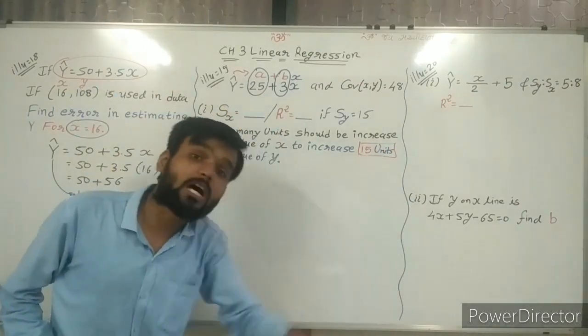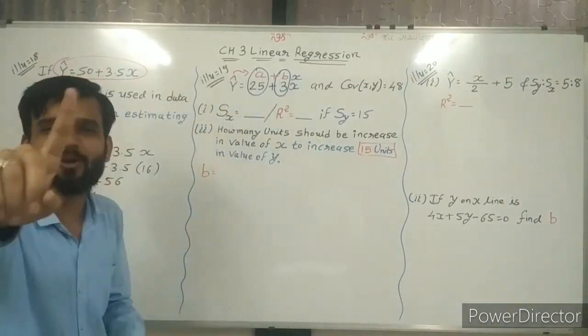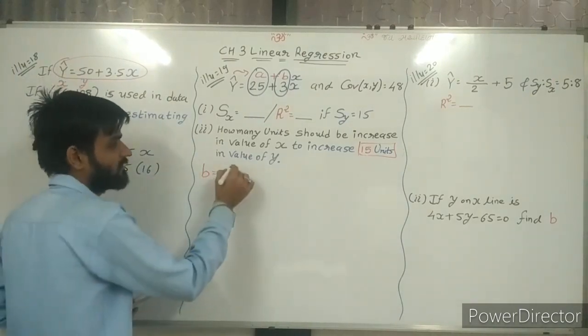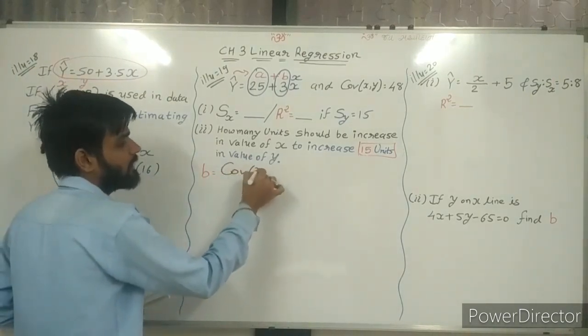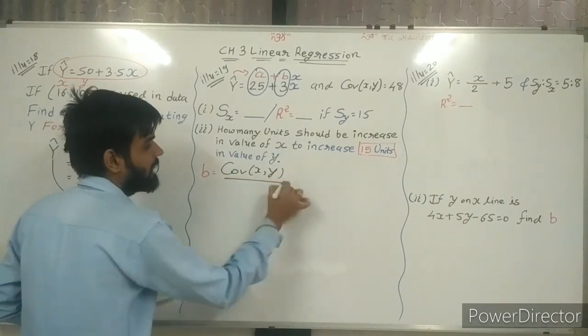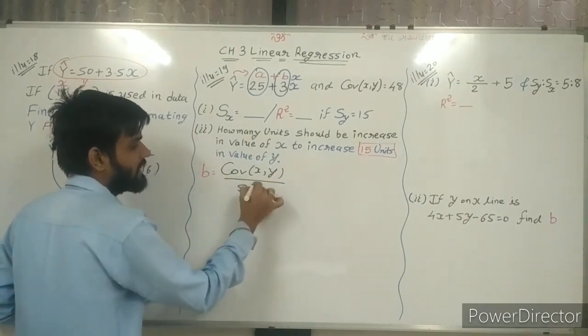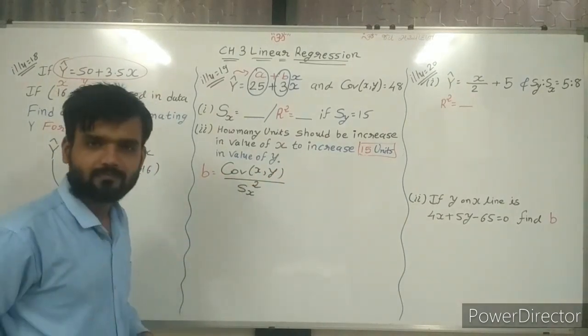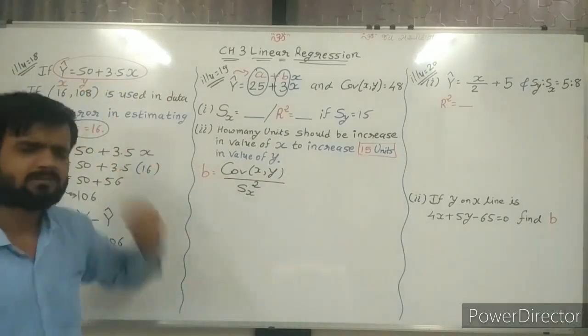Which is that formula? Sir, only one formula is there: b is equal to covariance of xy divided by sx square. That was the formula. Simple.